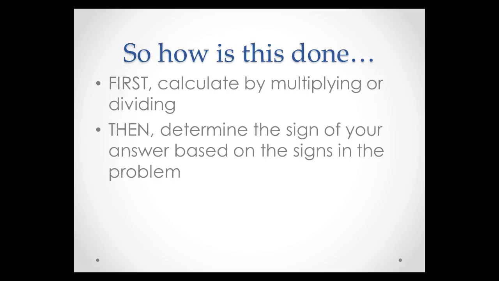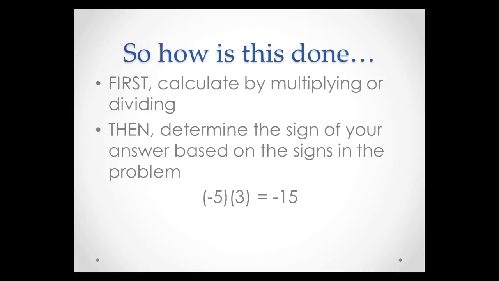Now, you don't necessarily have to do this in this order, and eventually you won't even need steps because it'll just become natural to you, as 2 times 2 is 4 is natural to you. So basically, just make sure that when you're doing this, you're looking at the two numbers, you're looking at the operation that you're performing, you calculate it, and don't forget your sign. That is very important, not to forget that sign on your final answer.